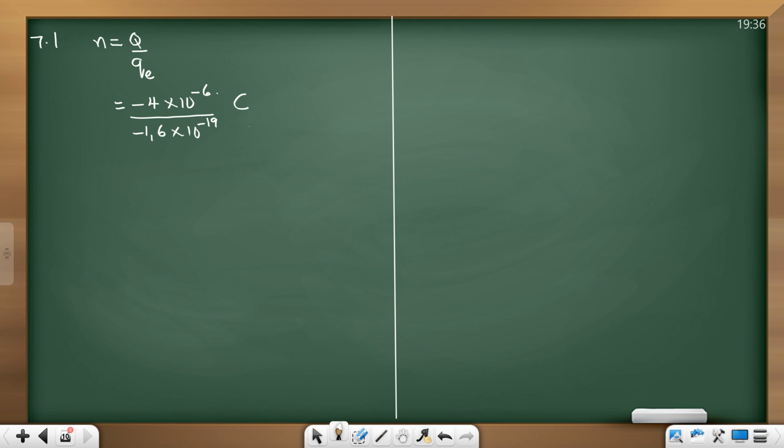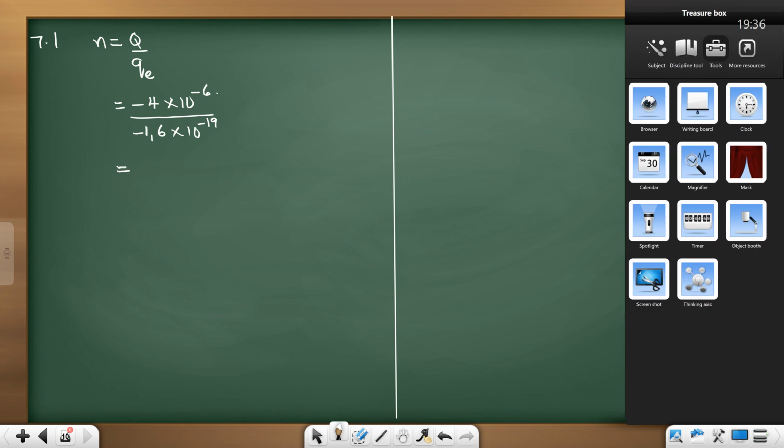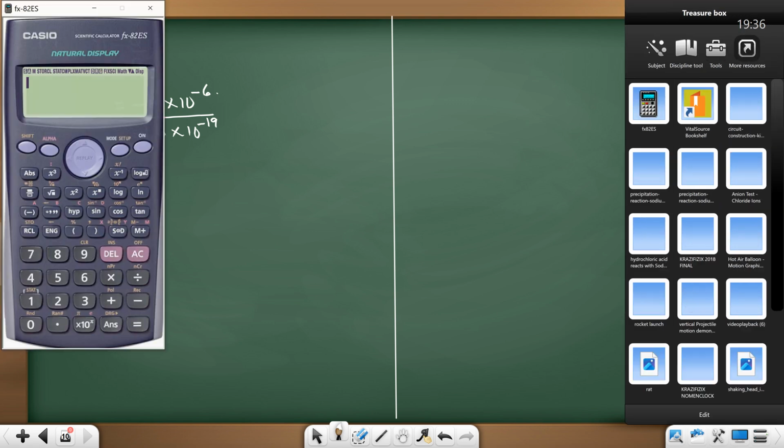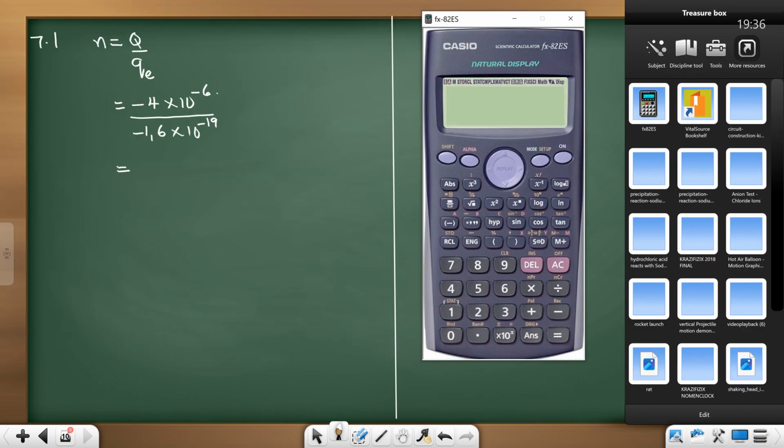Remember, they are both in coulombs, so that cancels. Unit, very important. Put this in a calculator. -4 times 10 to the power -6 over -1,6 times 10 to the power -19 gives 2,5 times 10 to the power 13.